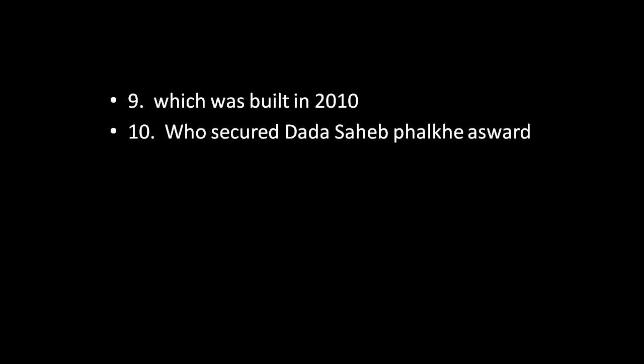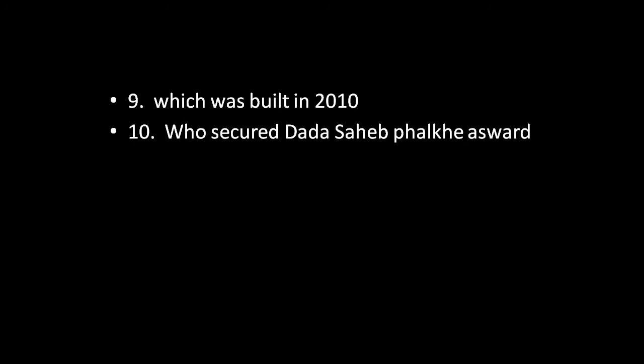The theatre which was built in 2010 was designed by Mr. Rao. Or I can also use: The theatre which was inaugurated by the Prime Minister in 2010 was designed by Mr. Rao.